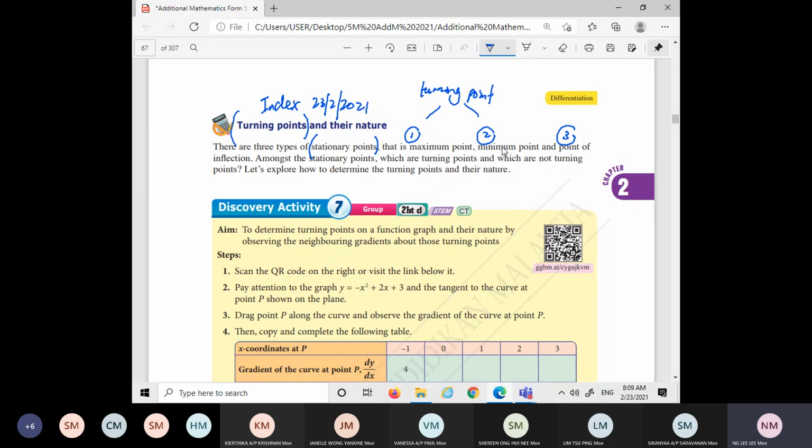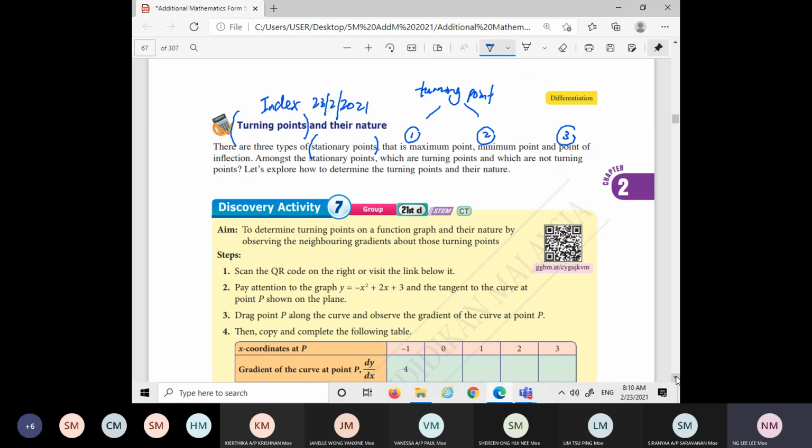Maximum point and minimum point, we call turning points. The third type is point of inflection, which is not a turning point. So this is the first part, an introduction of the few terms for you: stationary point, point of inflection and turning point. I hope you are clear.